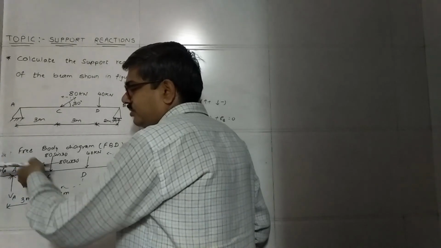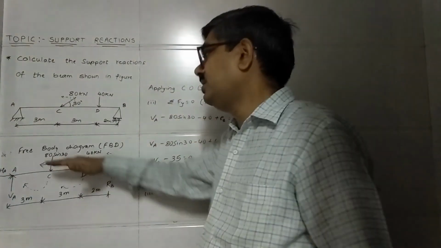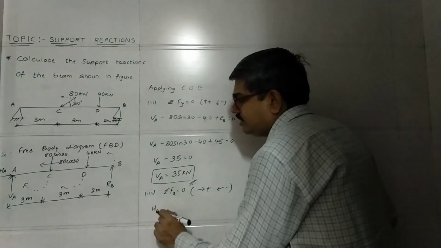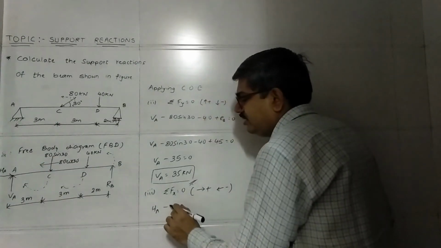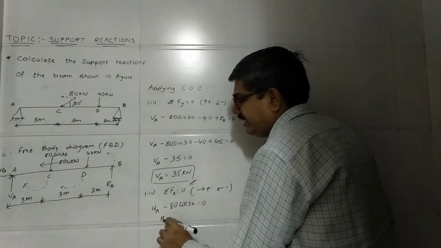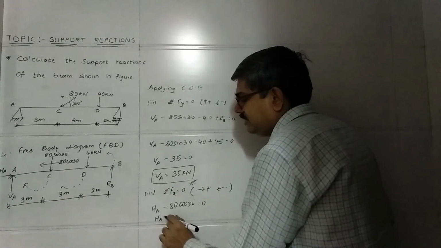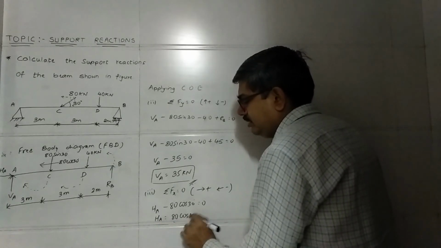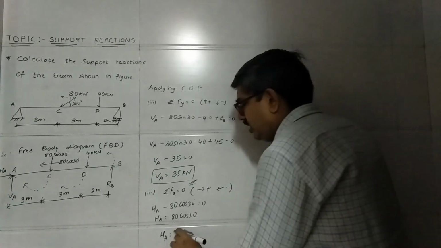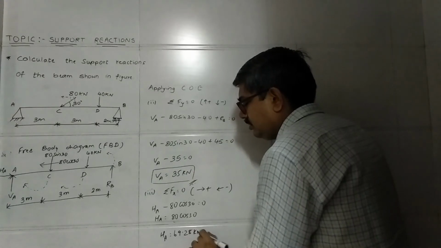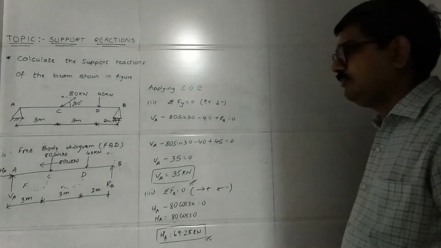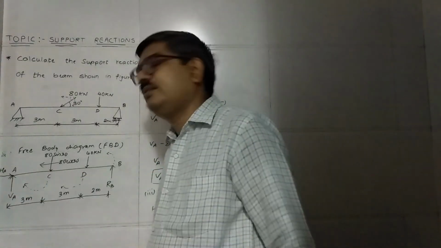One is HA, the reaction force at A, and one horizontal component at C. So HA is acting towards right side, positive sign, and this one is acting towards left side, so minus 80 cos 30 is equal to 0. Bring this to right side, it will become positive. So HA is equal to 69.28. You can calculate using your calculator. Okay, so we got both HA and VA.